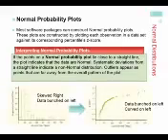Okay, so let's just take a look at what this normal probability plot looks like. So here is skewed data. This is skewed to the right. If I draw the normal probability plot, remember, it's the observation, and then you're plotting it against the corresponding percentile z-score.